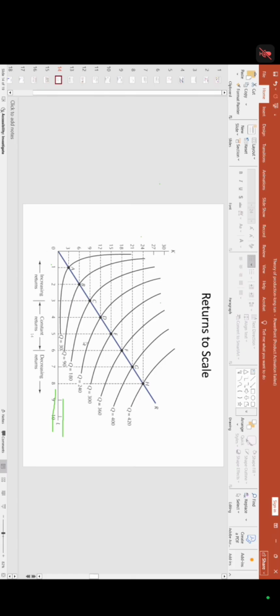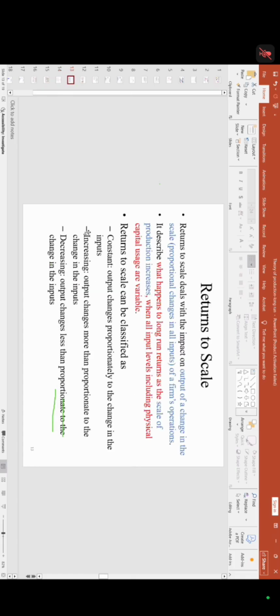Okay, so you don't need to explain this kind of graph, but you just need to know what this returns to scale is. Since you are in the first year, you don't need to have much knowledge. You are even in the first quarter of your semester, right? So you just need to know what returns to scale is, and how you can classify those scales.